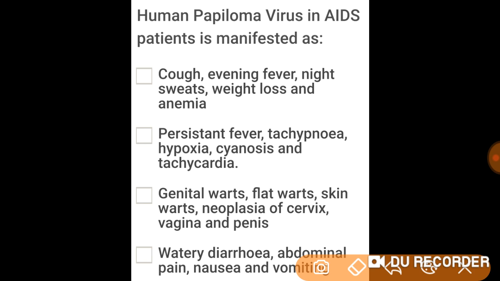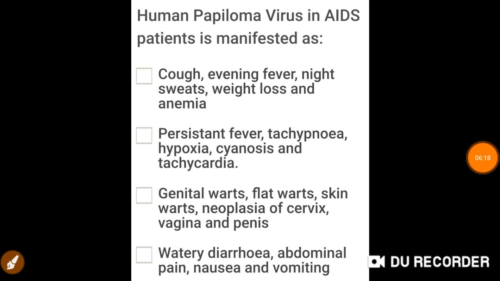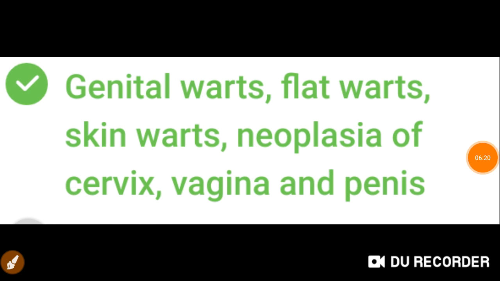Human papilloma virus in an AIDS patient is manifested as genital warts, flat warts, skin warts, neoplasia of the cervix, vagina, and penis. So I hope it's clear.